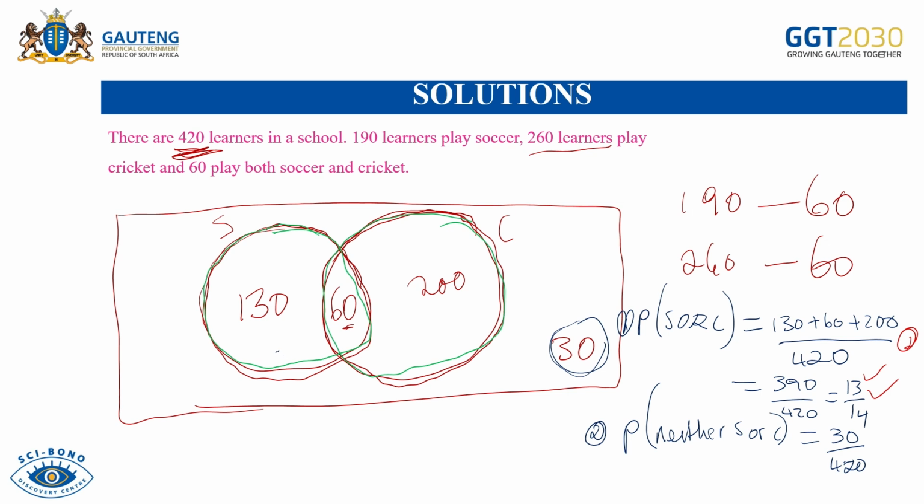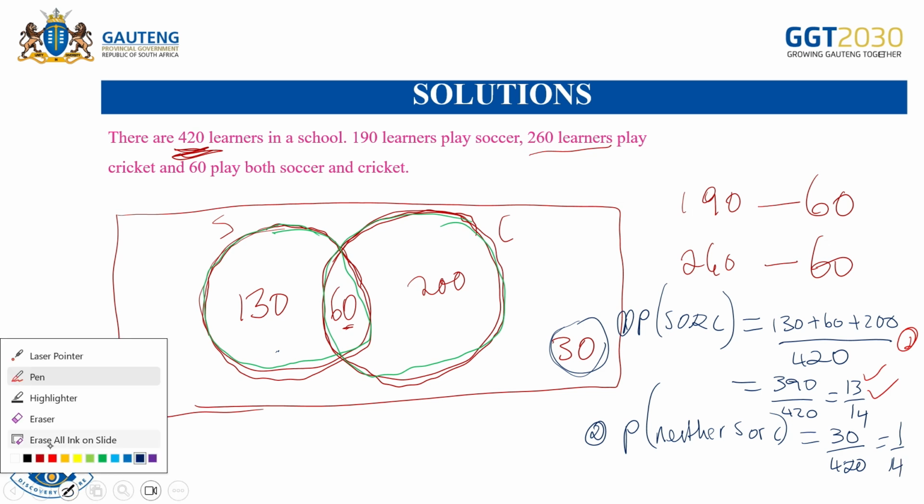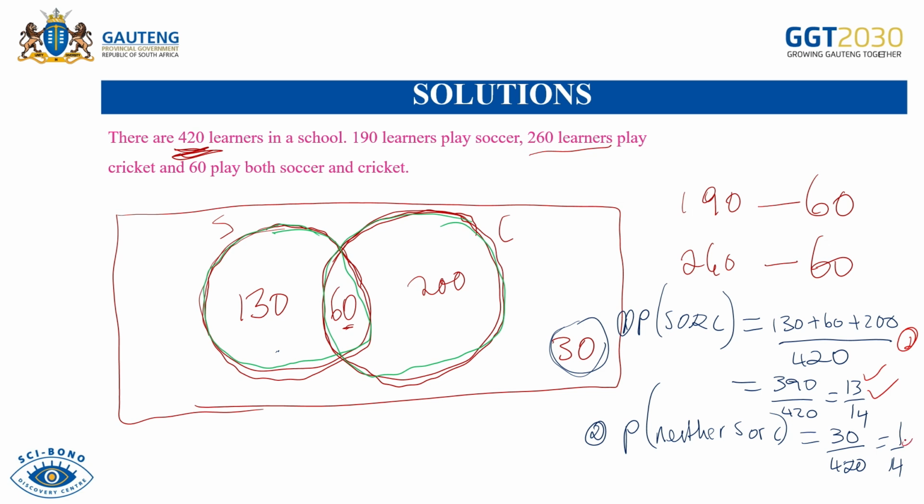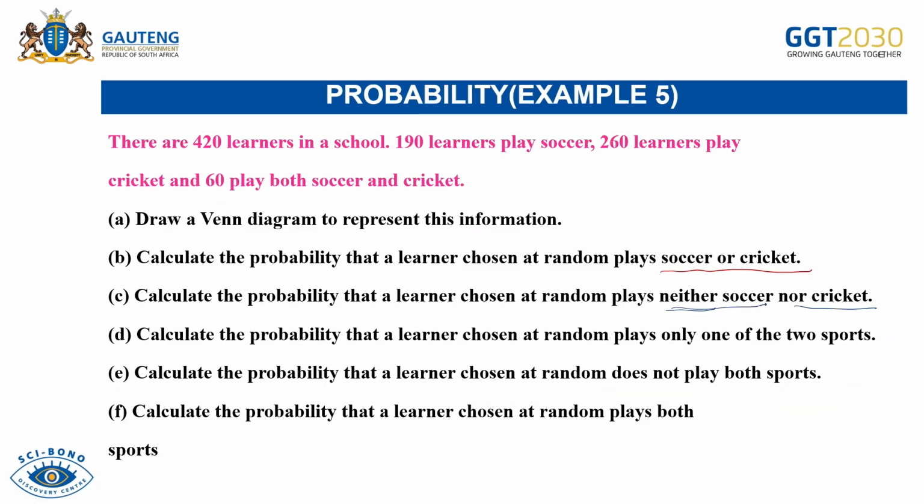So it's 30 all over 420. 30 divided by 420 is going to give you 1 all over 14. Then you get your full marks, which is going to be 2, right? Just for doing that. Okay, and then we move to the next part.